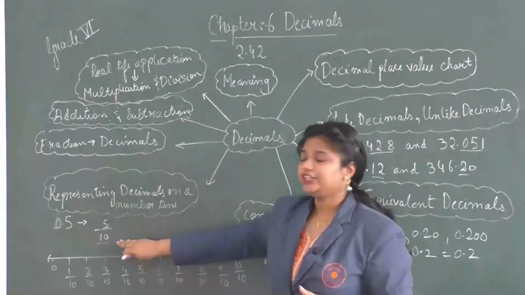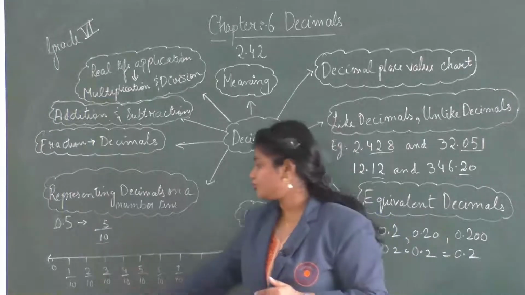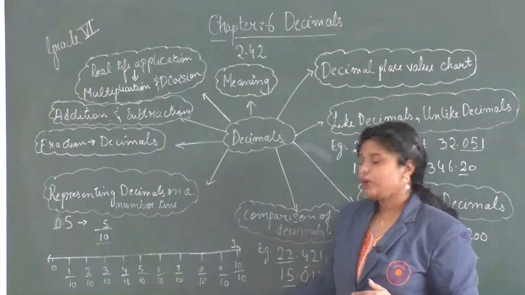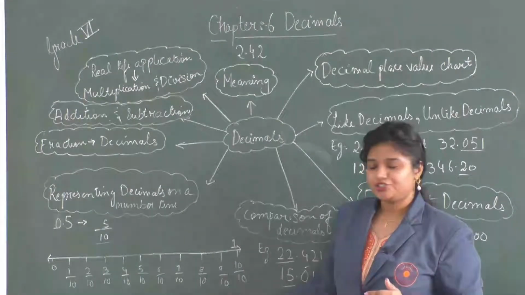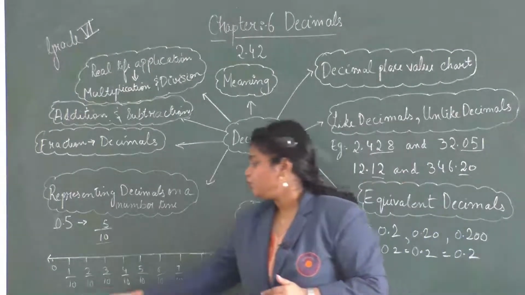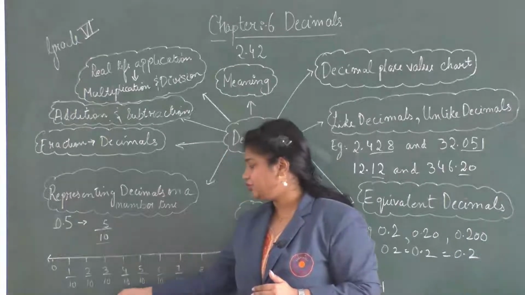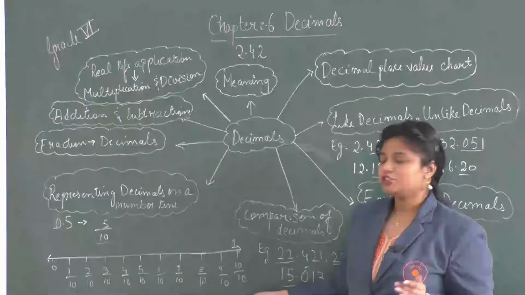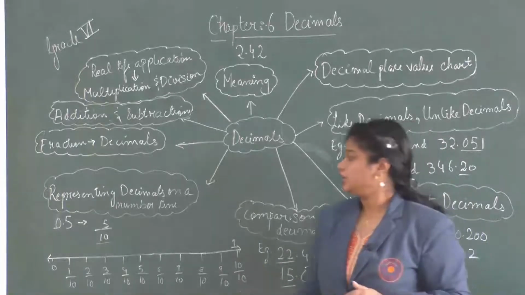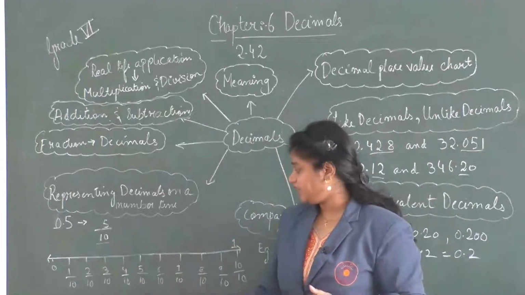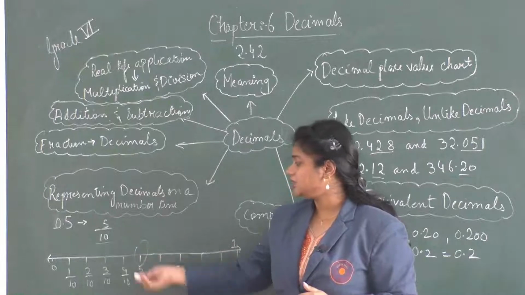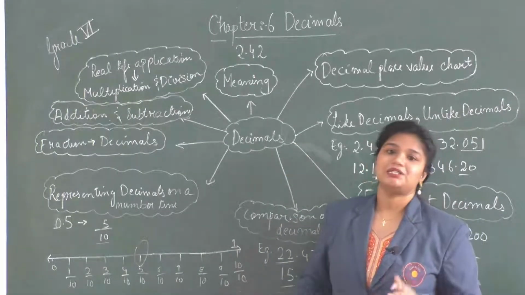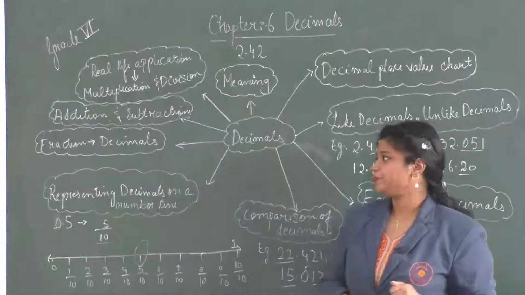So here we have the denominator as 10, so we will make 10 equal divisions on the number line. Once you have drawn 10 equal divisions, you will start marking 1 by 10, 2 by 10, 3 by 10, and so on till 10 by 10. 10 by 10 can also be written as 1. Now we need the fraction 5 by 10, so you will circle the marking of 5 by 10. This is the way you represent decimals on a number line.